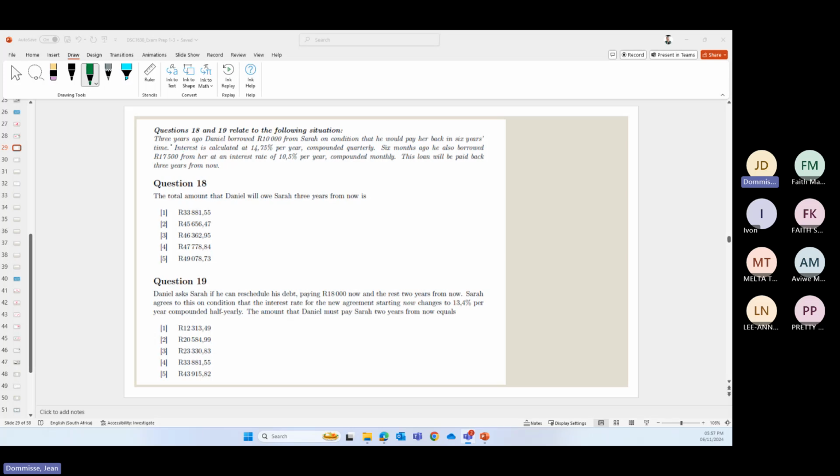3 years ago, Daniel borrowed 10,000 from Sarah on condition that he would pay her back in 6 years' time. Okay, so let's just say we are at this stage. 3 years ago, he borrowed 10,000, and that 10,000 he said he would pay back in 6 years' time.